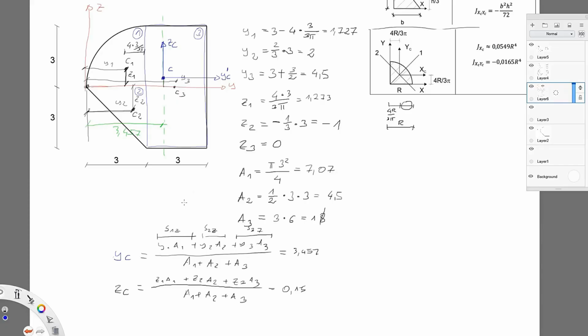Now, to calculate the moments of inertia concerning these central axes, we will calculate the moments of inertia of individual simple figures, concerning their centers of gravity. So in reality, we will have some I_y1, I_y2, I_y3, I_z1, I_z2, I_z3.